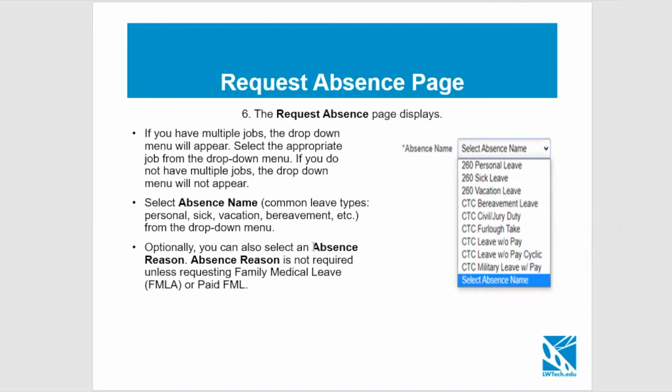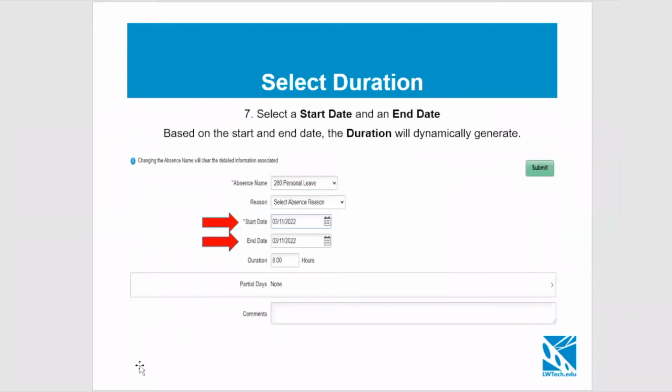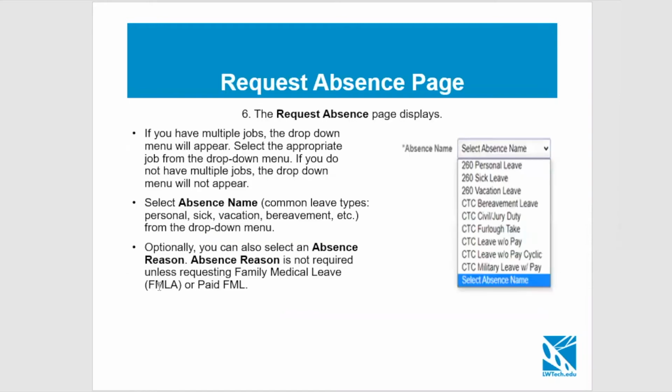Optionally, you can select an absence reason. I will show you that over here, where it says reason. You can select to put something here. Again, you do not have to, unless you are taking FMLA or paid FML. So the paid FML, that's through Employment Security Department, the state of Washington.